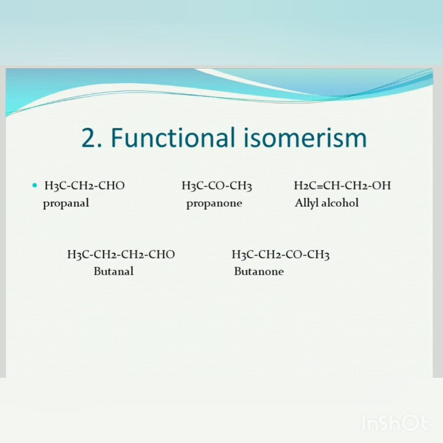But in propanal we have the CHO functional group, which is an aldehyde, and in propanone we have the C double bond O functional group, which is a ketone, and in allyl alcohol we have a double bond and an OH group. The functional group here is the OH.